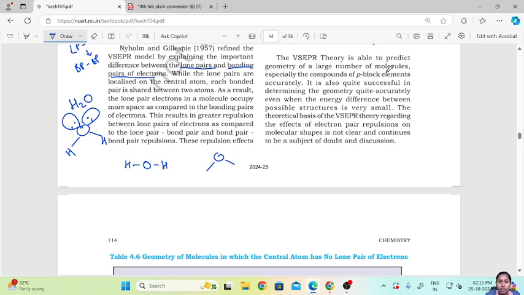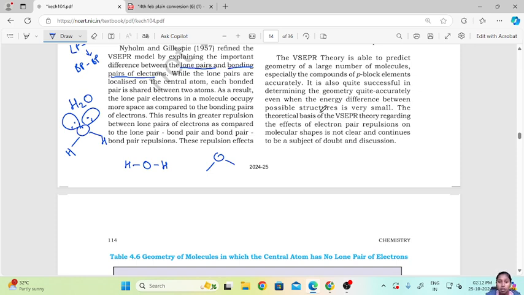It is also quite successful in determining the geometry even when the energy difference between possible structures is very small. The energy is almost the same.